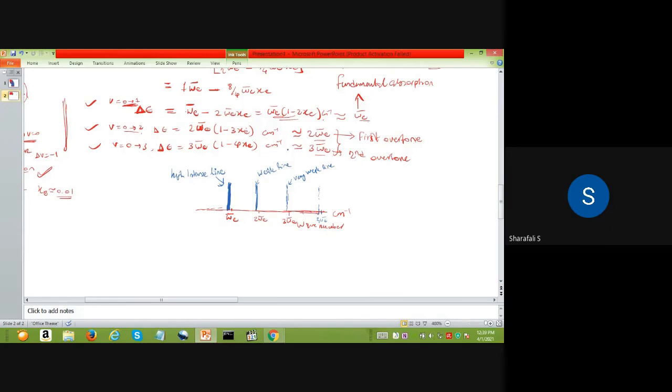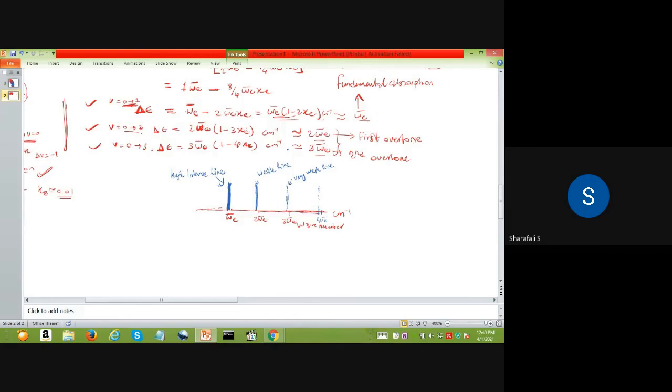Why is the intensity going to get reduced? Because most of the molecules will be in the ground state, that is, in the zero state. So the probability of transition is maximum for the 0 to 1 energy level.